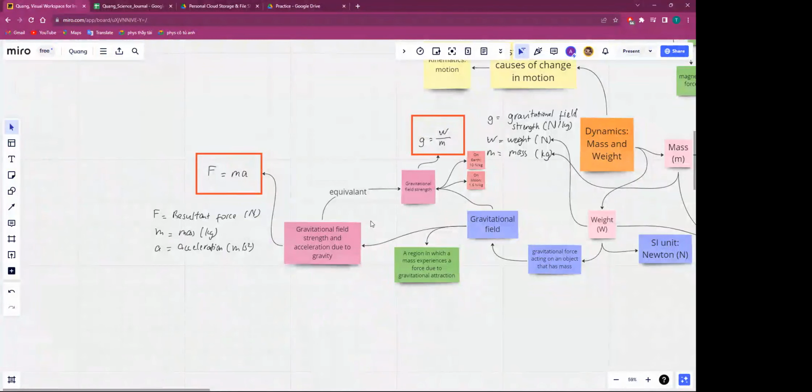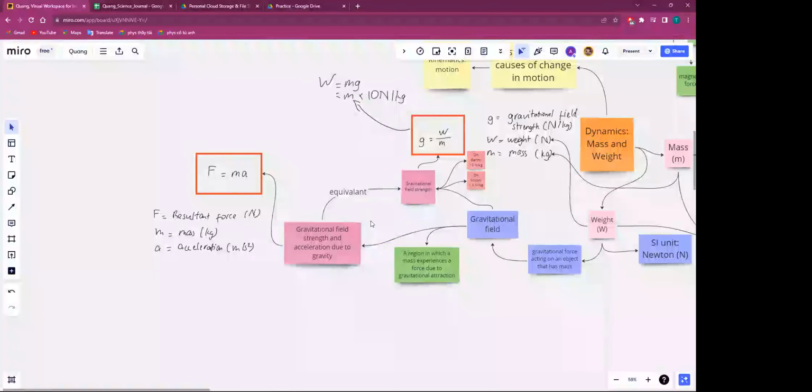I don't know how to say it, but we have g equal to... from that equation we can have W equal to mg, equal to m times 10 Newton per kilogram.